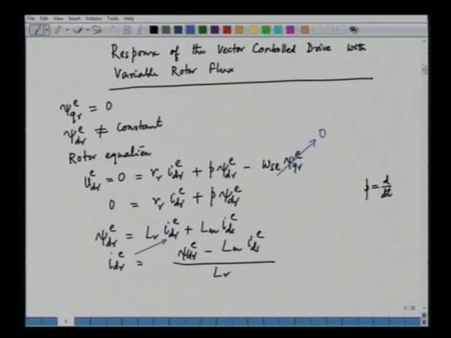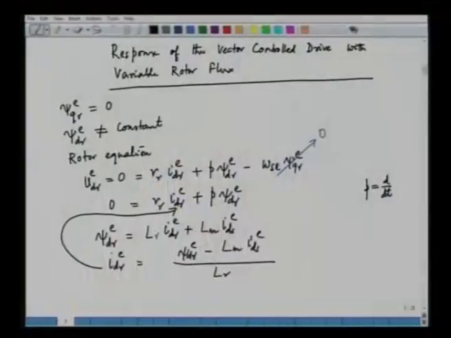So, what we will do here, we will replace this IDR in this equation and simplify. We will be replacing the expression for IDR in this equation and simplify and get the expression for the flux linkage, that is psi dr. So, if we do that, we will get the following equation.